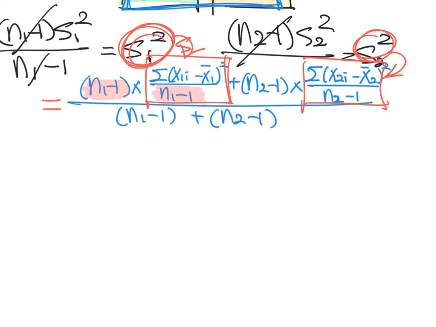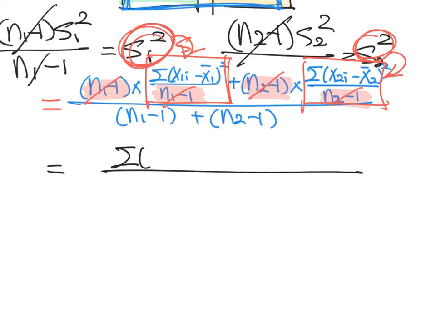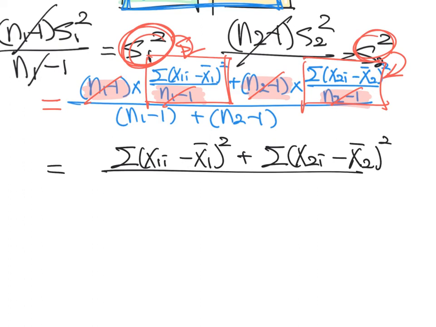Cancel out. n2 minus 1 and n2 minus 1, we can cancel out. Then now, mathematically exactly, it will be summation of x1i minus x1 bar square and summation of x2i minus x2 bar square over n1 minus 1 plus n2 minus 1.